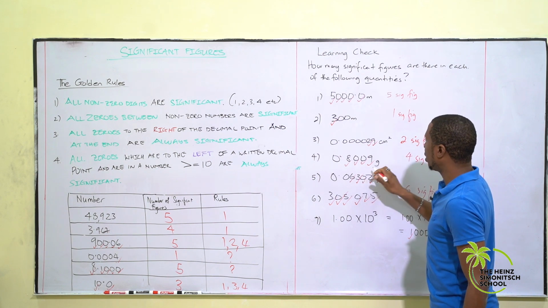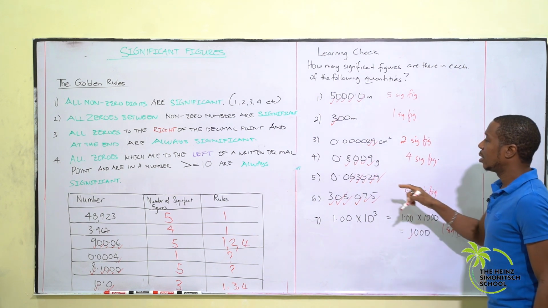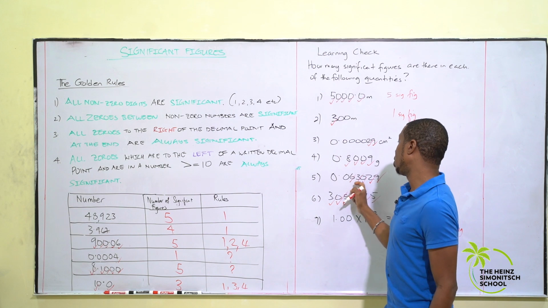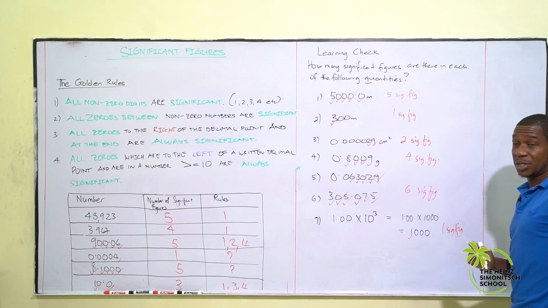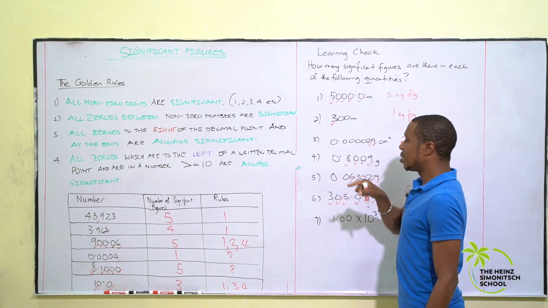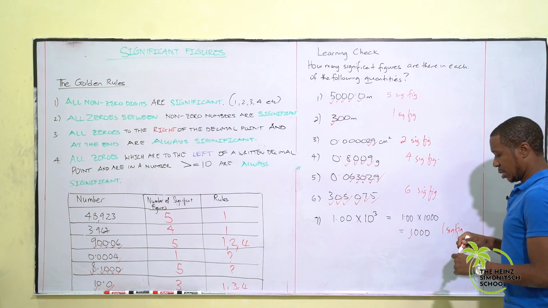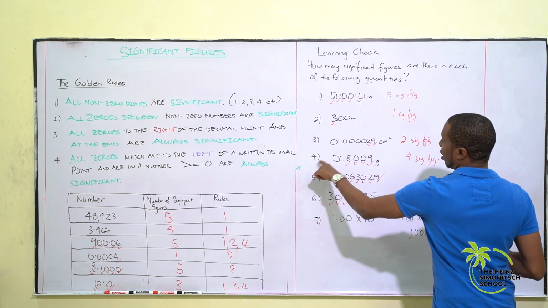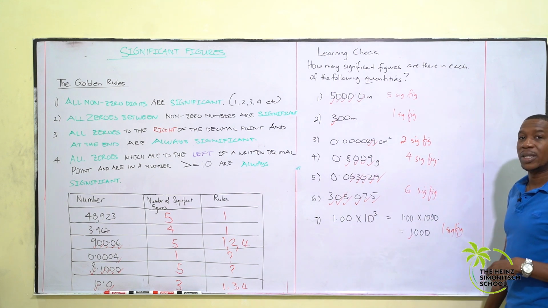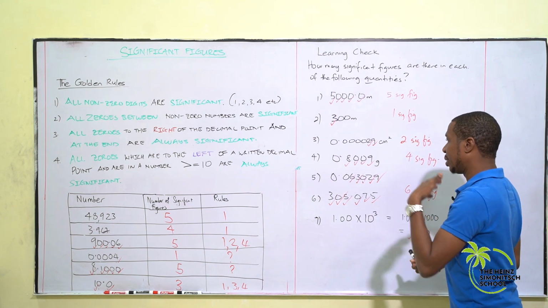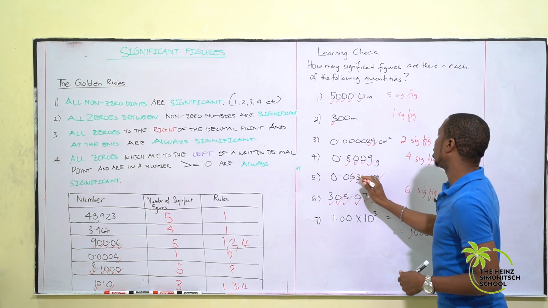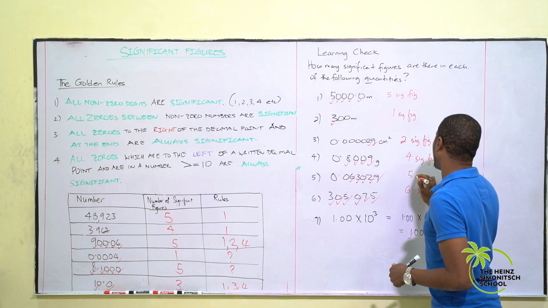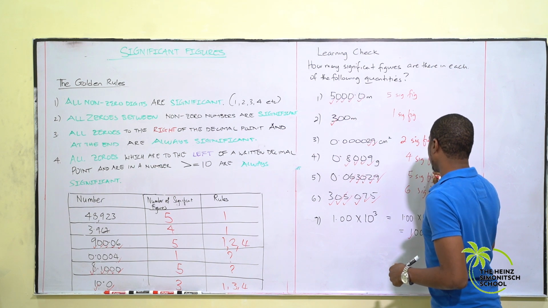So we do know that that will actually be significant because it exists between two non-zero numbers. Now this 0 here will not be significant, because the number that is left of the decimal point there is actually a 0, and it is not a non-zero number. So in this number we have 1, 2, 3, 4, 5 significant figures.